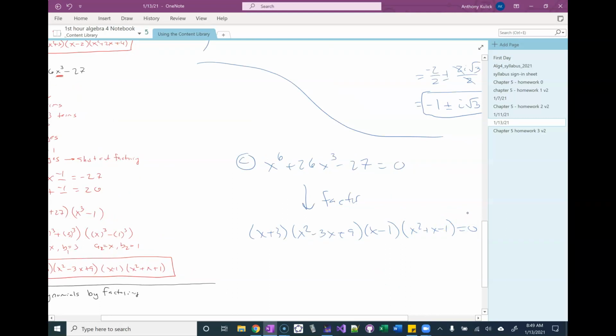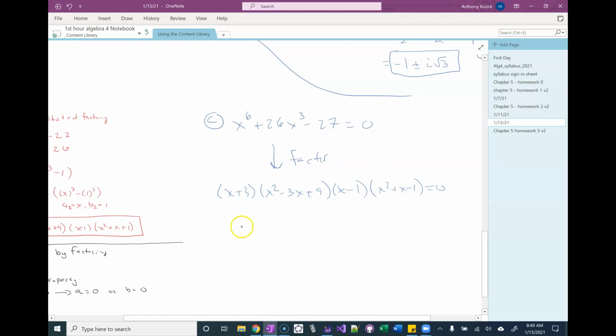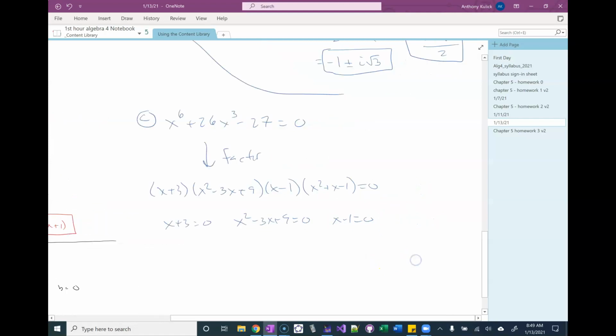We get this factored form. And then we can just set each of these factors equal to 0 and solve each one of them separately. So x plus 3 equals 0. I'll just subtract 3 from both sides to get x equals -3.